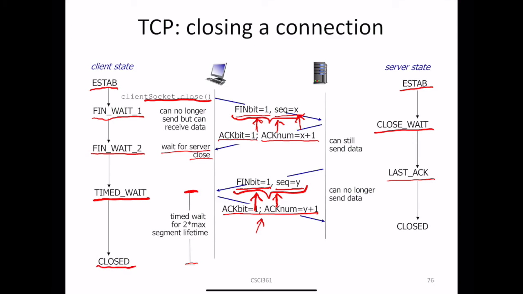And for the server side, after the server receives this acknowledgement from the client side, it also will change the server state to closed. After both client and server change to the closed state, that means this TCP connection has been closed without any problem.